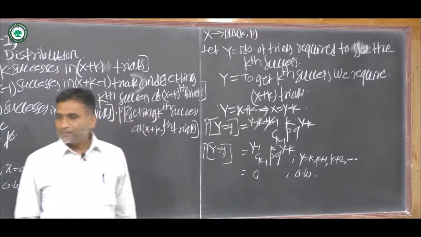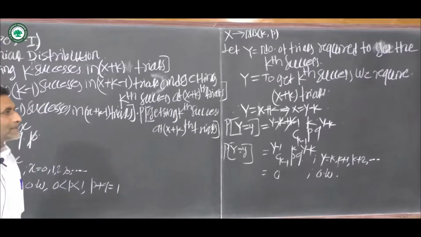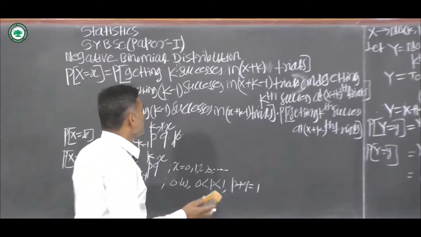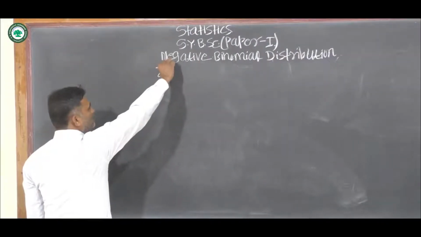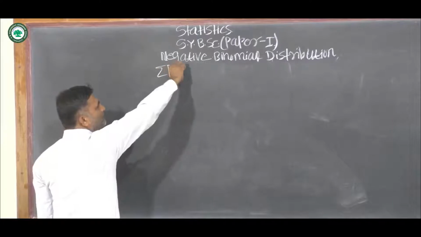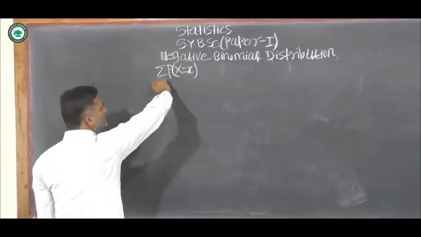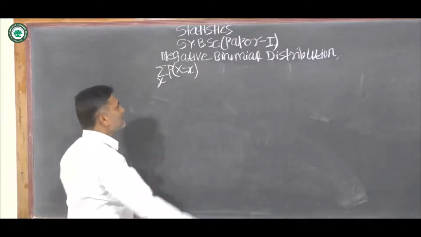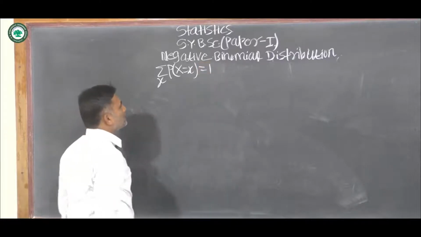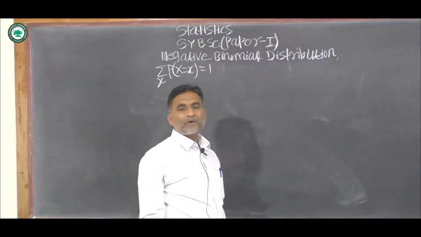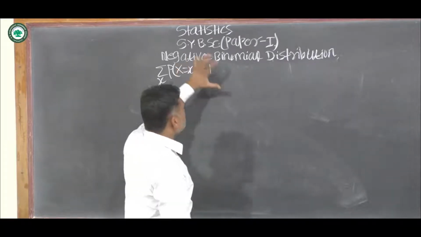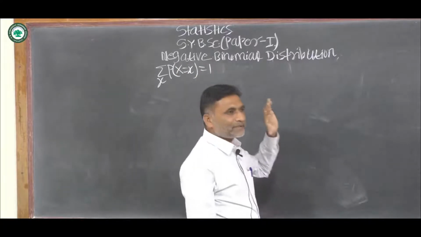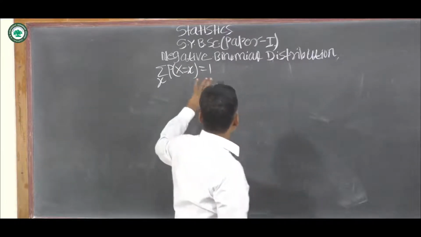Okay. Now we verify the second property of probability mass function as follows. Summation of probability of x equal to small x, summation over x, is equal to 1. This is the second condition of probability mass function. Now we verify whether this negative binomial distribution satisfies this condition or not.